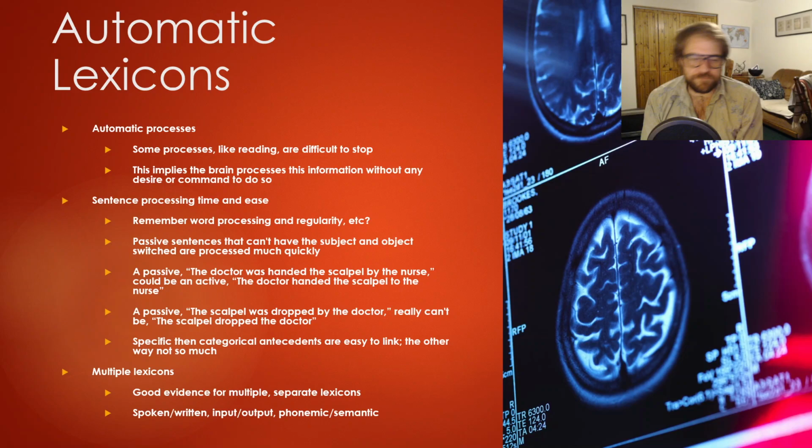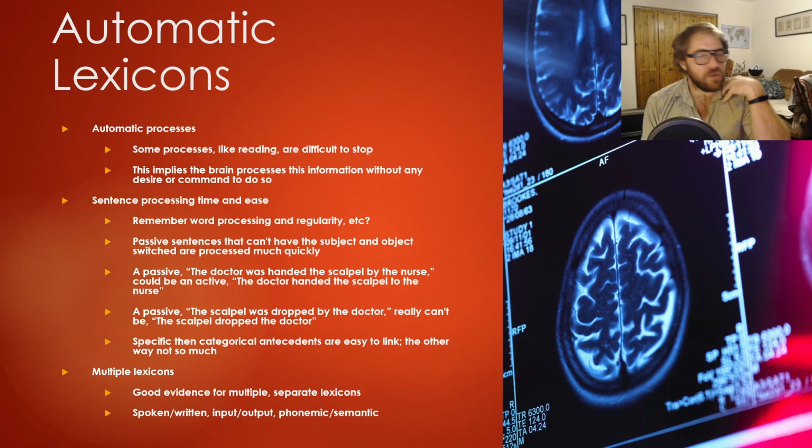We also have some other ones of these, like spoken versus written lexicons, and input versus output lexicons. Spoken versus written. We have different lexicons for when we're actually speaking. We know that we speak differently than we write.